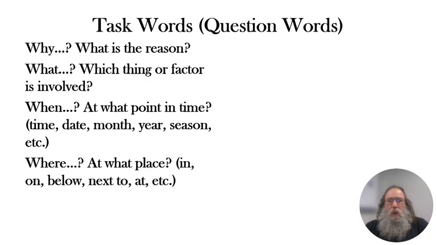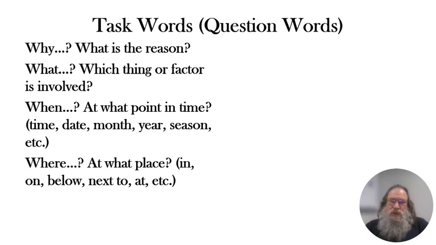And then of course where also can be very complex because you've got all these prepositions there that are indicating how the object or how the event took place. Is it in a classroom? Is it on a table? Just some examples there.